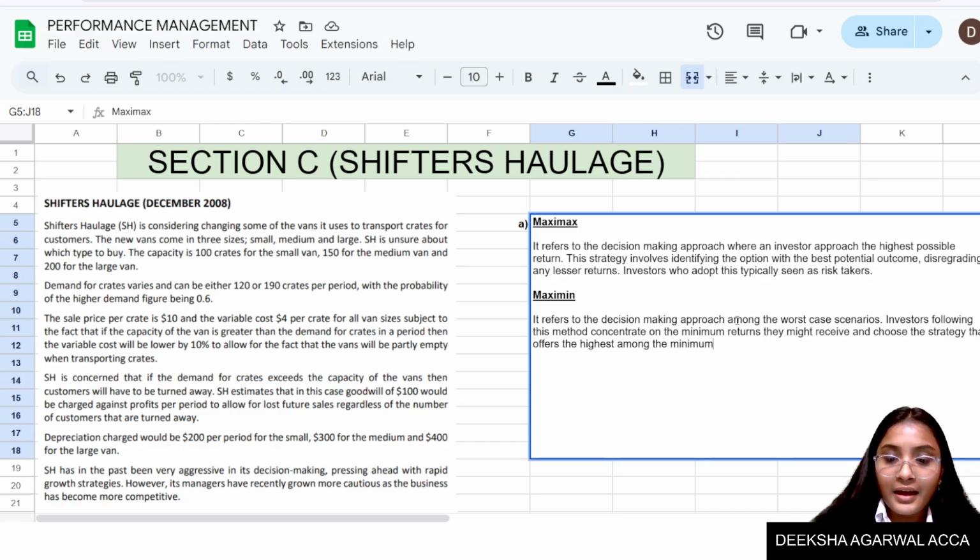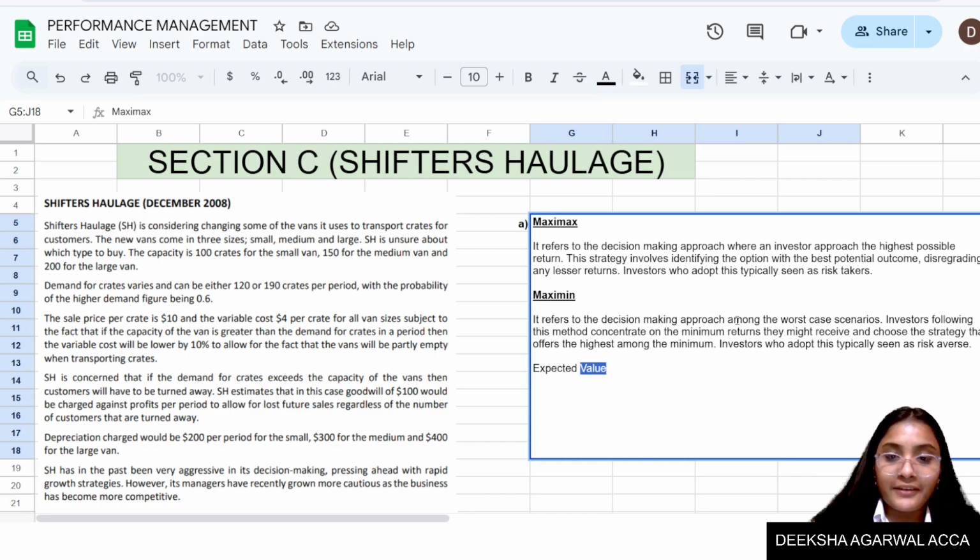Correct. And investors who adopt this are typically seen as risk averse. They don't want to take risk at all.